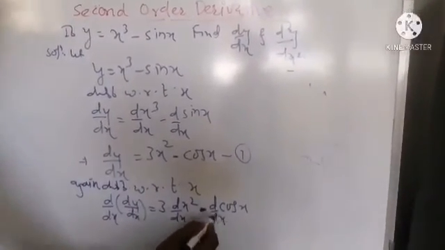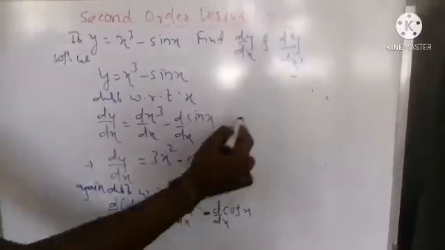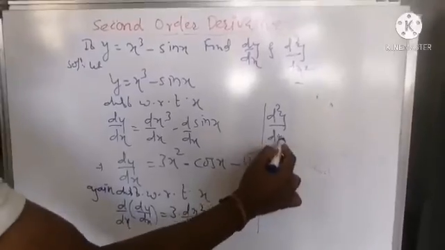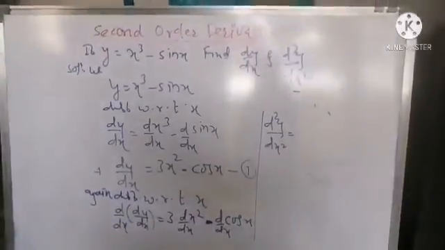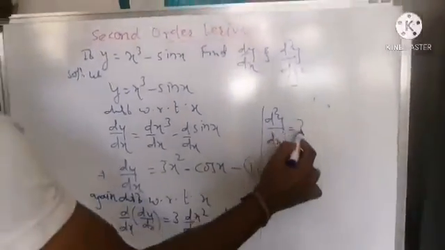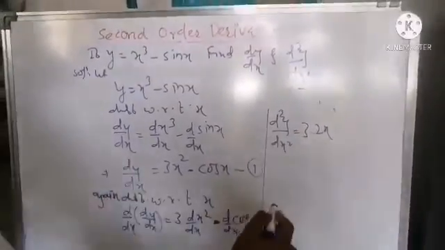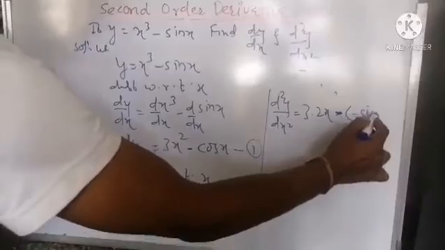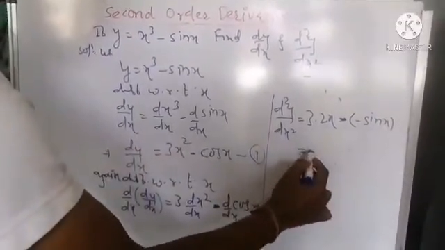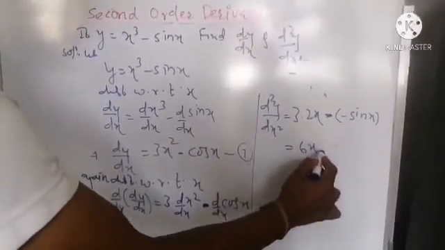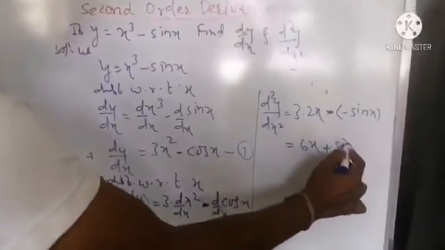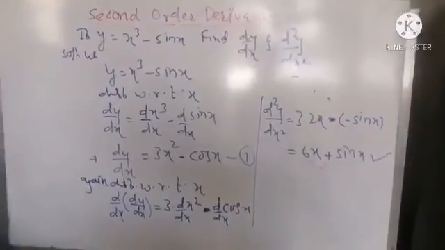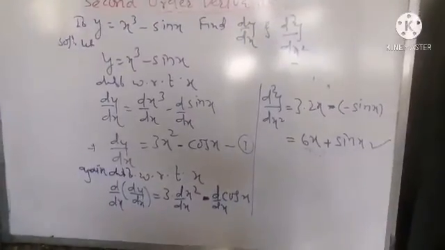And finally, derivative of dy by dx is nothing but d square y by dx square, and on right hand side we get the simple derivative. As 3 is a constant, derivative of x square is 2x, minus derivative of cos of x is always minus sin x. We put it into bracket. So final simplification, minus minus plus, this is d square y by dx square. Okay, the examples are simple.